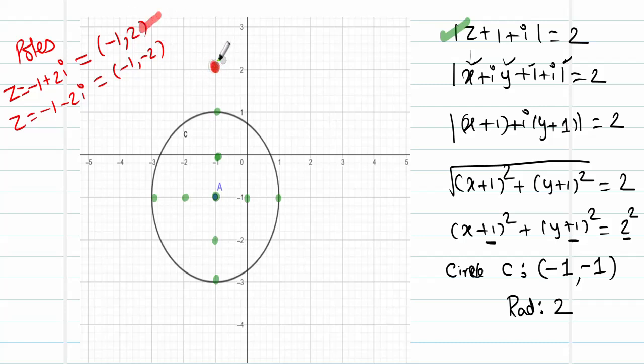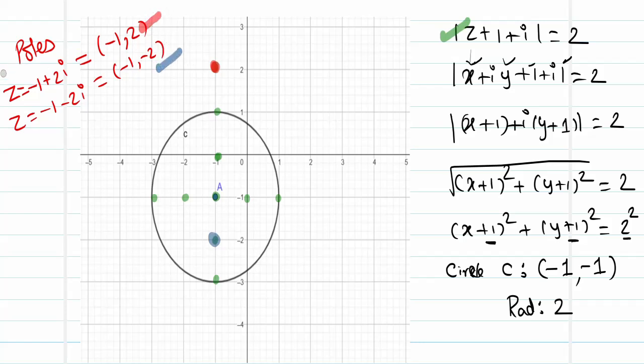Now let me check the position of the second pole. Where is going to be my second pole? My second pole, which is -1 comma -2. This is my -1, this is my -2. So this is my point -1 comma -2. So where is my second pole? Second pole lies inside.